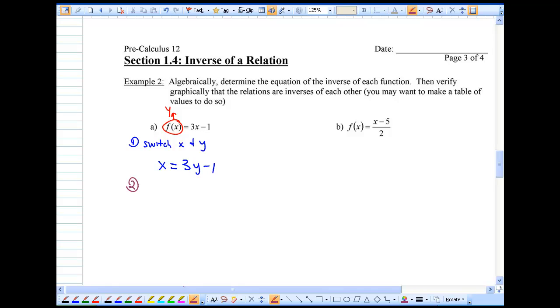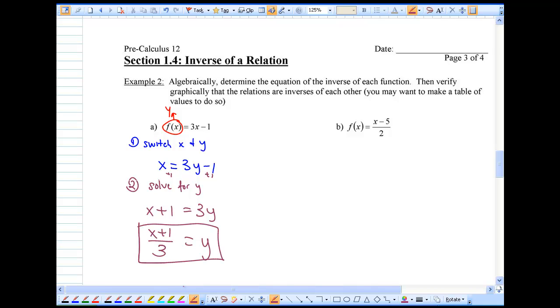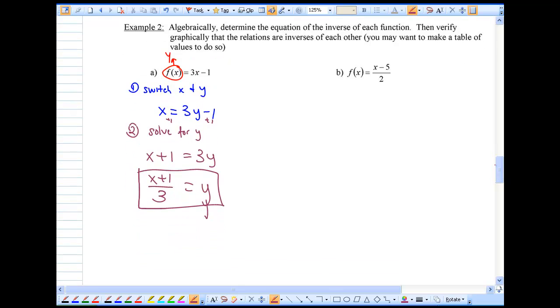Once again, step two is just to solve for y. So I will isolate y by first of all adding 1 to both sides, x plus 1 equals 3y, dividing everything by 3, and there you have it. There's my inverse equation. I can rewrite this with the inverse notation. f negative 1 of x is x plus 1 over 3. Okay?